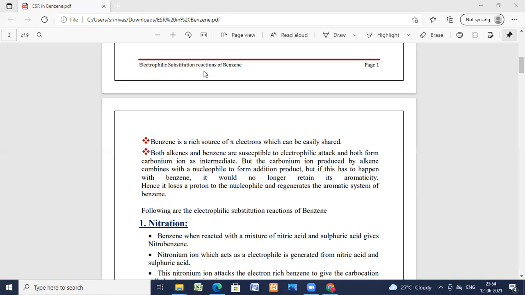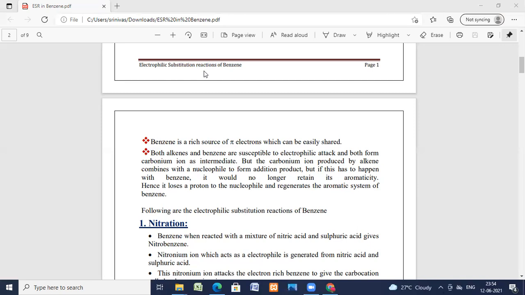So the substitution reactions are of three types. In electrophilic substitutions, a weaker electrophile atom or group is replaced by a stronger electrophile atom or group.